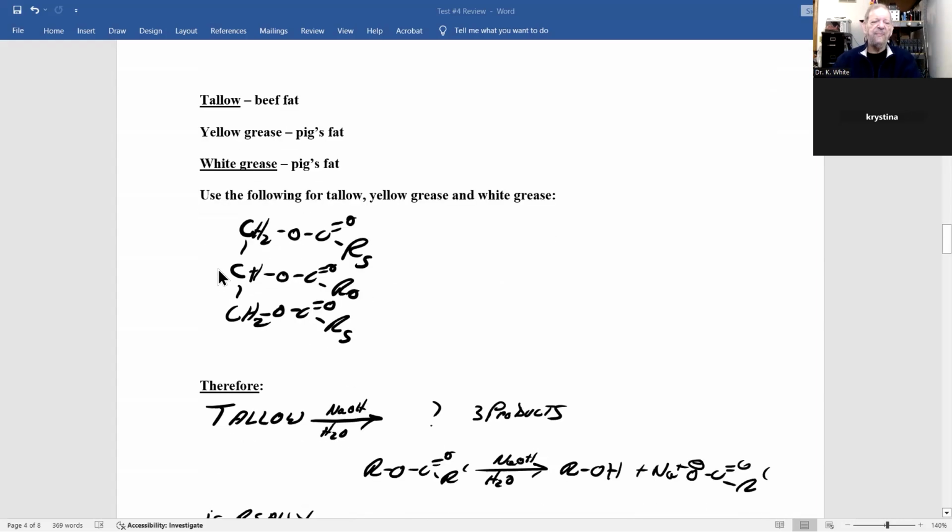All right, now, to make life real with this chapter, I came up with the following. A good approximation for tallow, white grease, and yellow grease is this: triglyceride, where the first R group is stearyl. That means if you hydrolyze this, you get stearic acid. The second one is an oleyl group, double bond there.